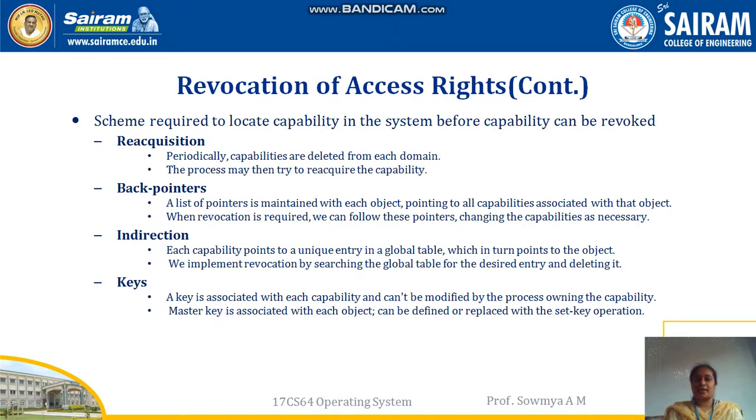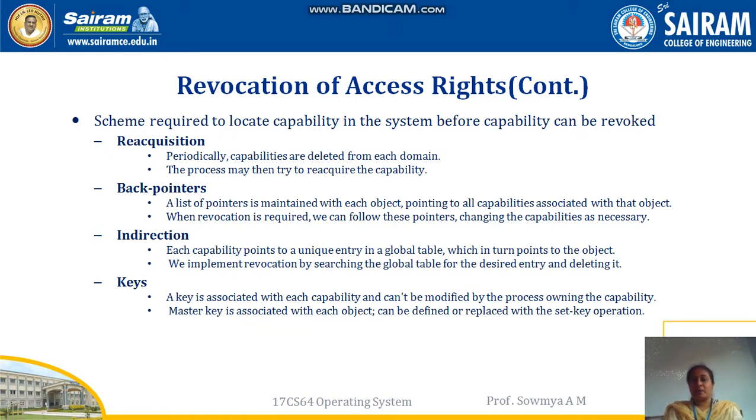For revocation we have to provide some mechanism for capabilities. A scheme is required to locate capabilities in the system before they can be revoked. First, reacquisition: periodically, capabilities are deleted from each domain, and the process may then try to reacquire the capabilities.